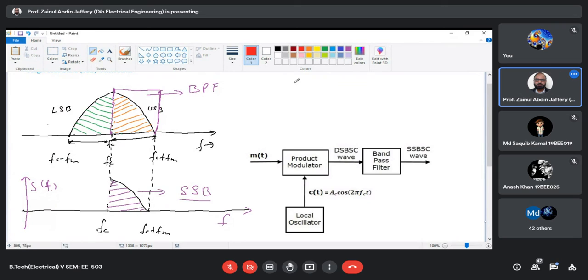What we have used here is your बैंड पास फिल्टर. और आपने ये बैंड पास फिल्टर की ये कैरेक्टरिस्टिक ले रखा है, ठीक है ना? सो दिस इज योर बैंड पास फिल्टर, राइट? और ये FC है और ये FC प्लस FM है.